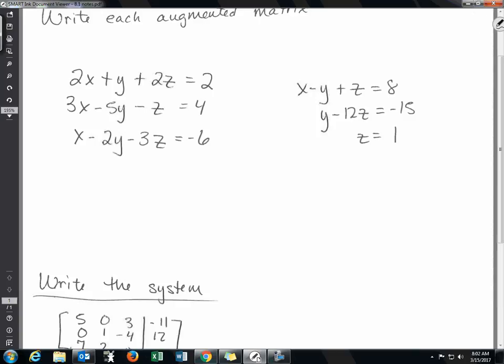If you're looking at this, we have 3 equations, 3 unknowns. I'm going to draw my first bracket, and what I'm taking is the coefficients in front of each variable. So you have 2, 1, 2, 3, -5, -1, 1, -2, -3. Now we also include what each of these equations are equal to.